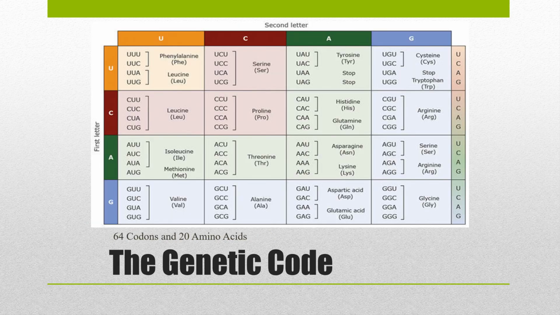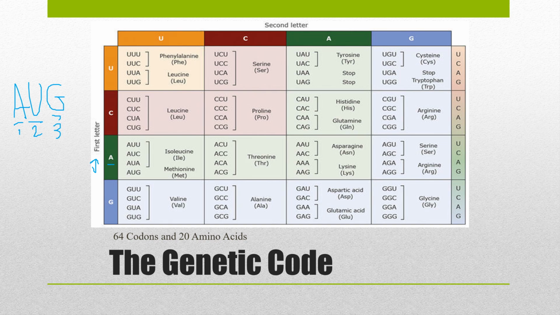So for this codon chart, I do want you to make sure that you know how to use this when it comes to something like A, U, G. What you want to make sure is that you're looking at the positions of the letters, and that is going to help you find it on the chart. So the first letter is going to be this first column, or where we have these first rows.